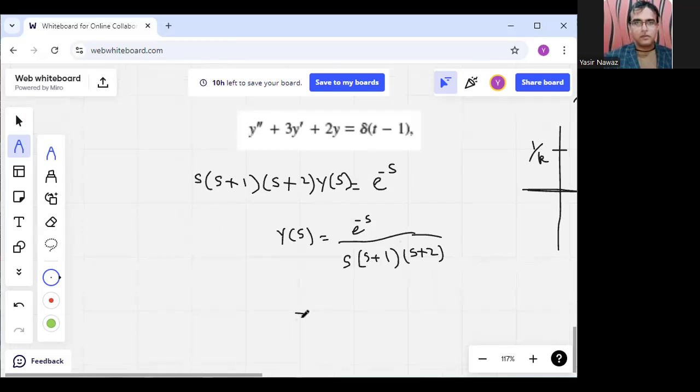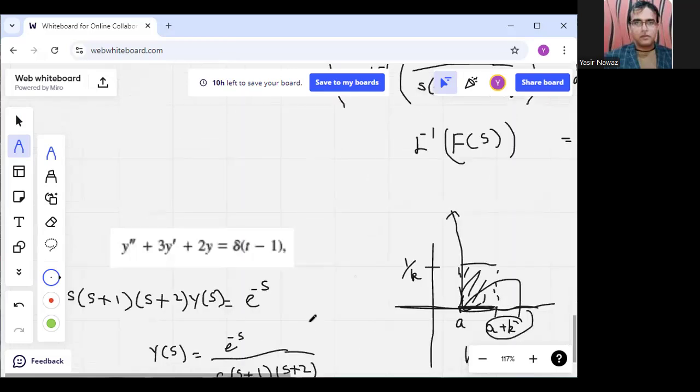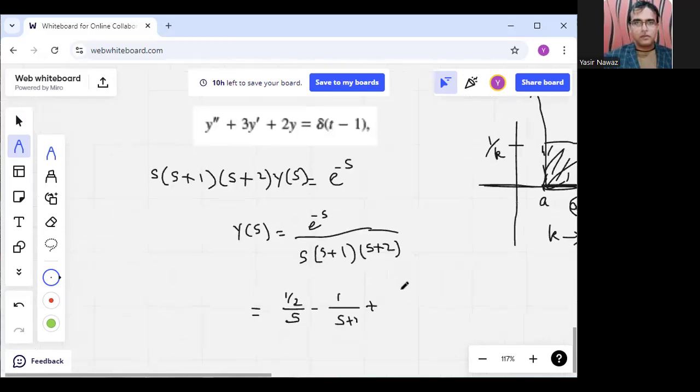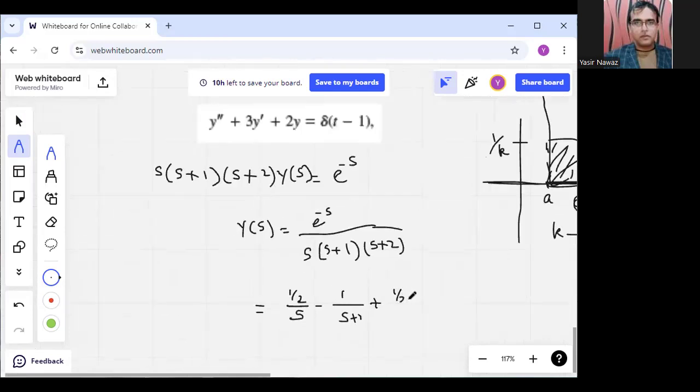And now after using partial fractions, this can be written as 1 over 2 S minus 1 over S plus 1, and then plus 1 over 2 into S plus 2, and then here that would be e power minus S.